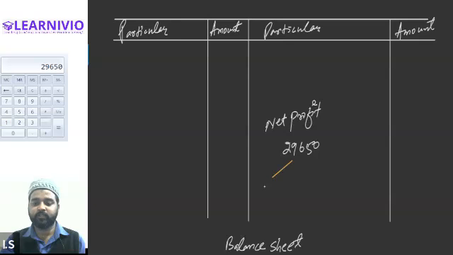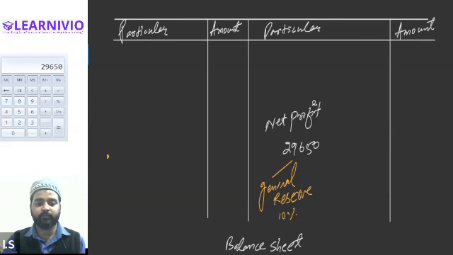Then, sir, what we will do, we will make a general reserve out of this profit. We will make a general reserve as the adjustment given in the question, item number 6. It says we need to prepare general reserve of the total profit at the rate 10%. So 10% of this particular amount, 29,650, will be 2,965. So this amount will be recorded here.